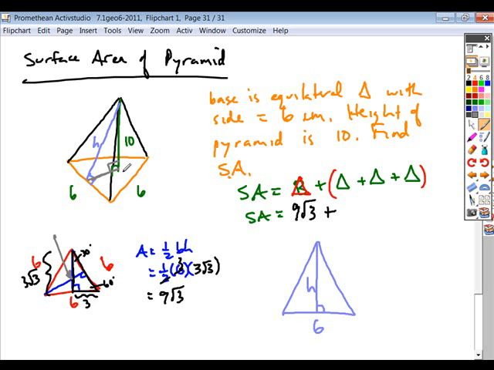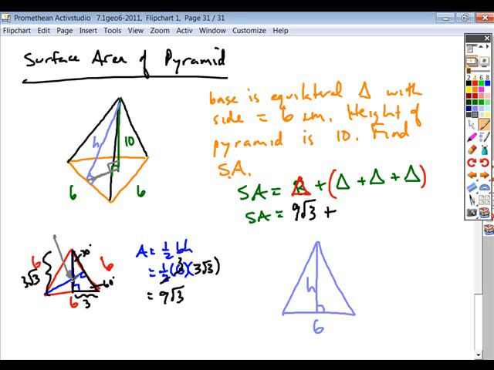The center of our base is where all these altitudes on that equilateral triangle intersect. And because this is a centroid, or the intersection of all those points, it's going to cut our median, this 3 root 3, into a ratio of what to what? 1 to 2 or 2 to 1, right?